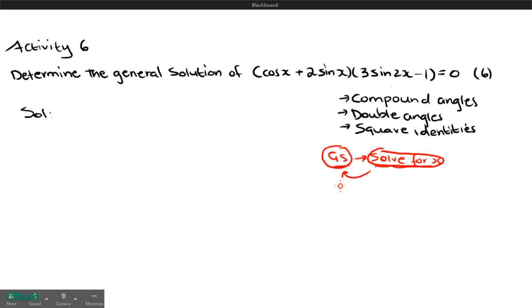So really, if we have (2x - 3)(x + 1) = 0, and they say solve for x, the question is, what are you going to do in order to solve for x in this case?